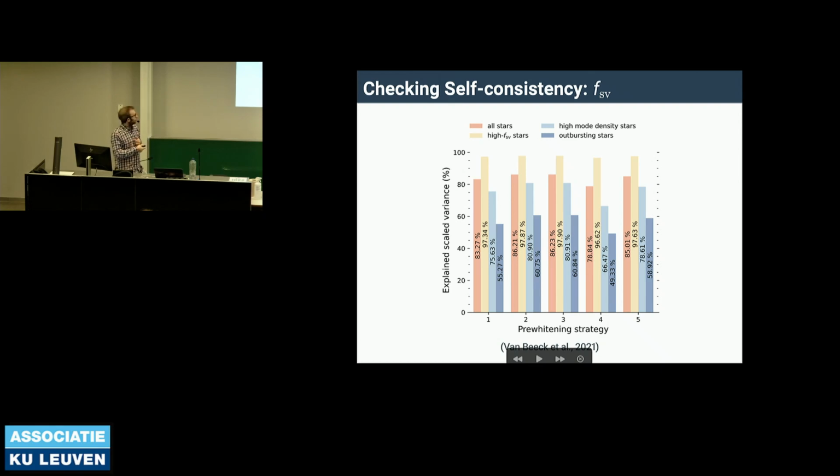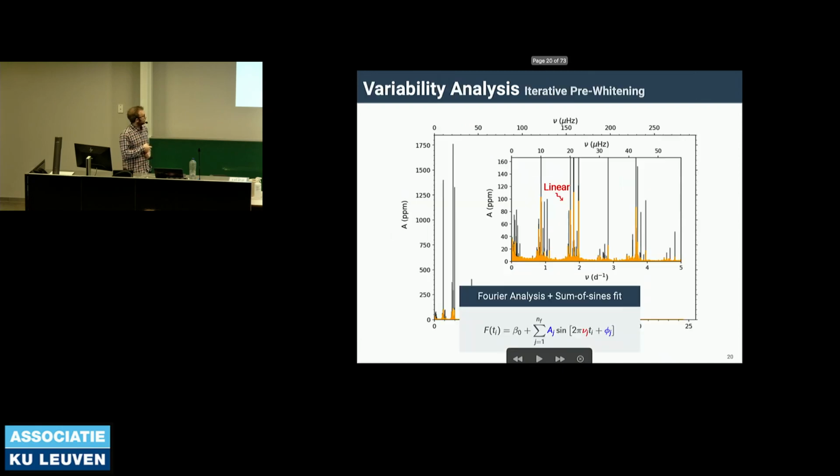Here you have that information per specific strategy, and these high FSV stars are stars for which this FSV value is more than 90%. We also found that there's a bunch of stars that have closely spaced frequency groups.